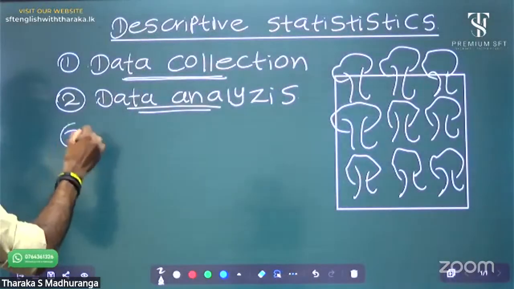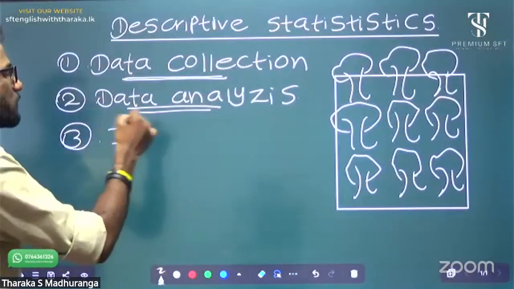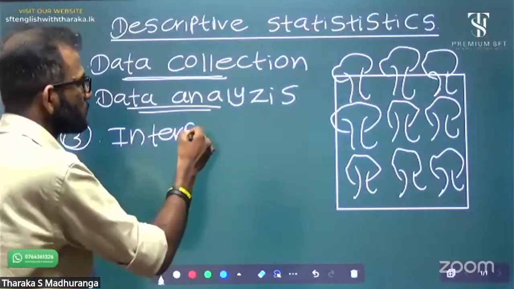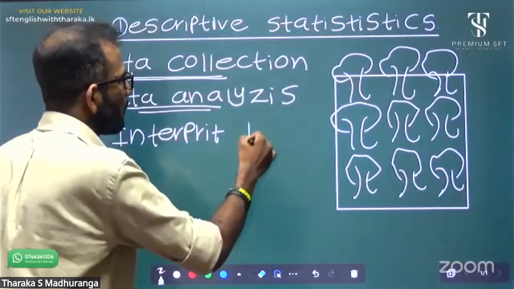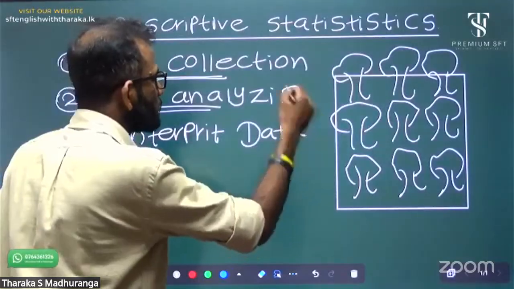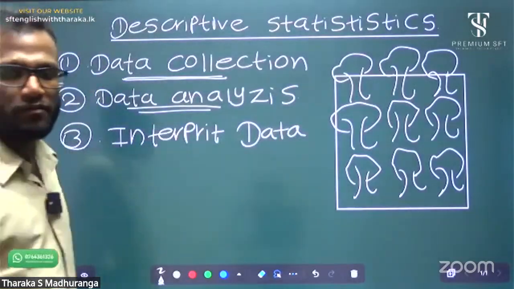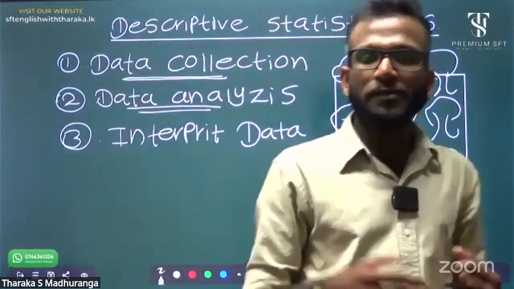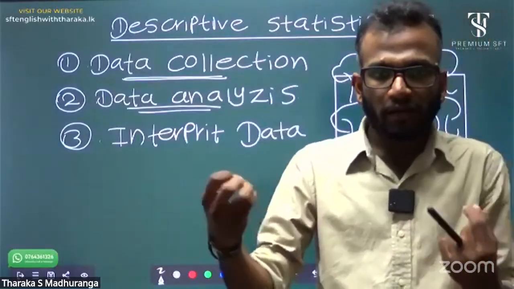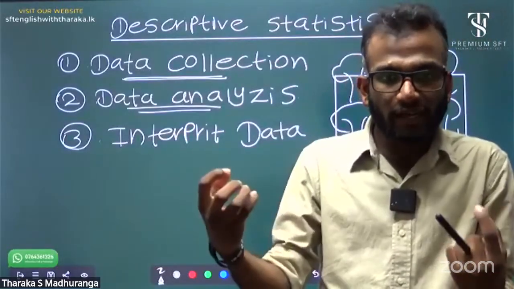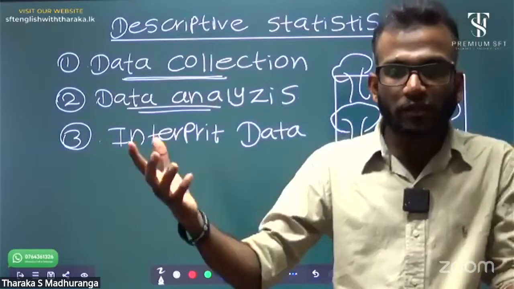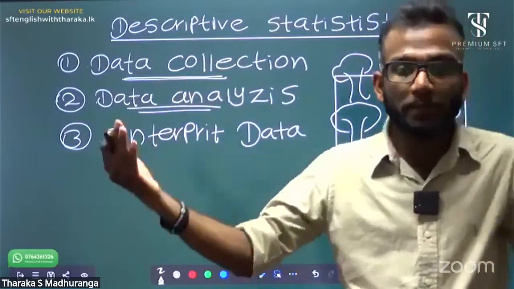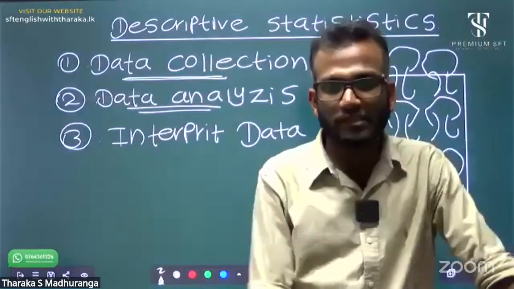Okay, finally, you can interpret this data. What's the meaning of interpret? Data interpretation. Interpreting means the collected, analyzed data, you can express to other persons, or you can present this.